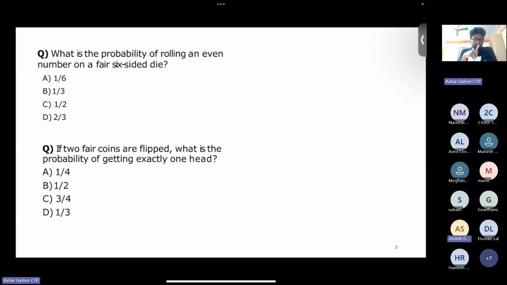So 1/3. The answer for, yeah, it's 1/3. And if two fair coins are flipped, what is the probability of getting exactly one head?